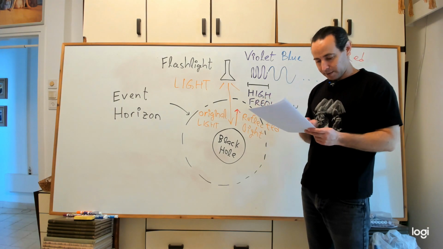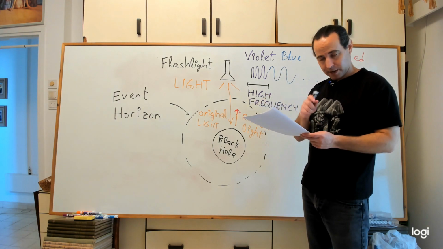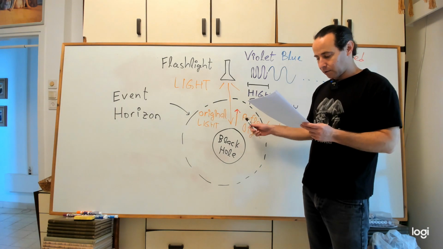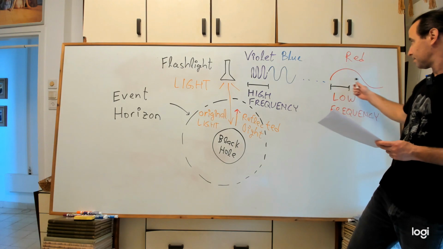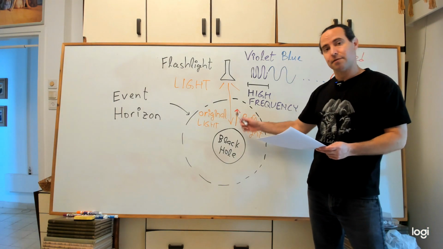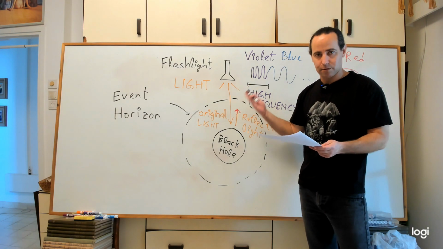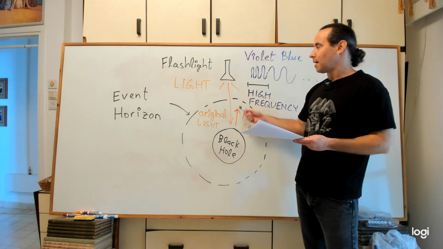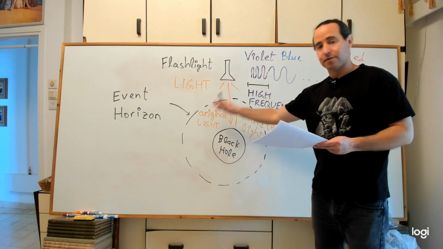A photon is a light particle or wave, but it's losing energy, so it's vibrating at a lower and lower frequency. So it's getting red, and then it's getting invisible for us. We lose it. Okay, so that's what it means, that the light cannot escape the event horizon.